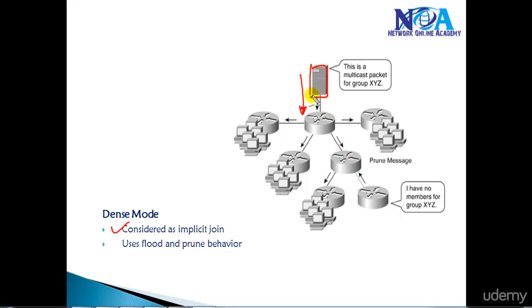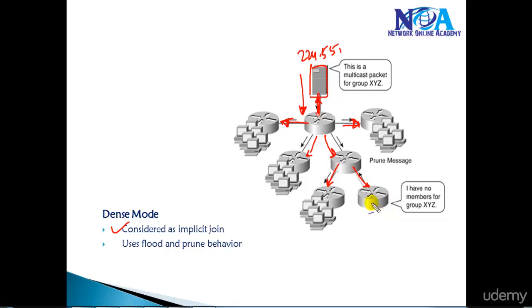Let's say I have a server here. If this server is sending multicast traffic for a specific group address, it is going to send out of all the interfaces, and the router is going to send out of all its interfaces, and again the next router will send out of all its interfaces.